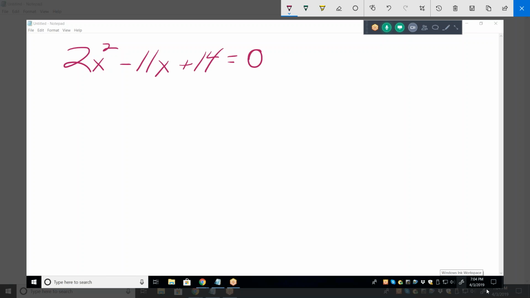I'm going to presume that we cannot factor this. And I'm also going to presume that the instructions say use the quadratic formula to solve it. Yeah, it does. Now, you can use the quadratic formula to solve quadratics that can be factored also.